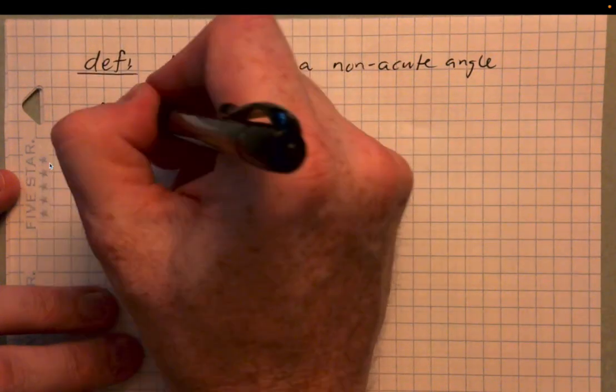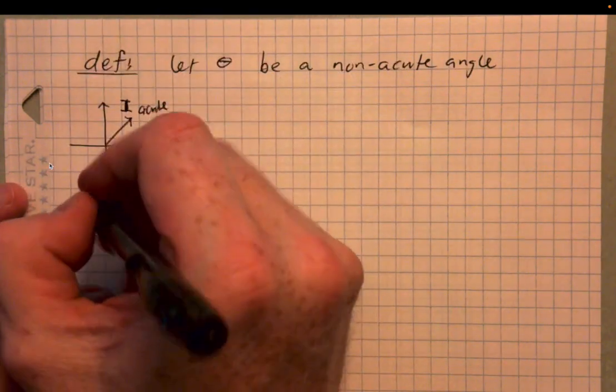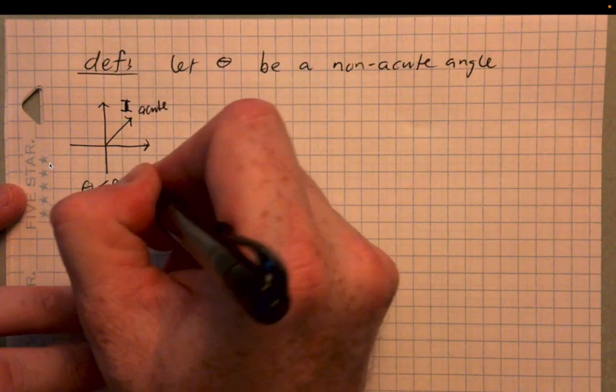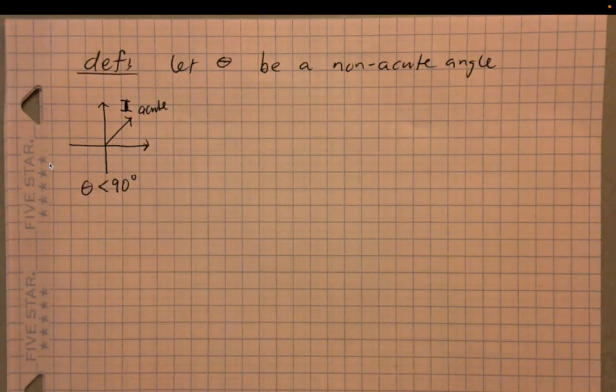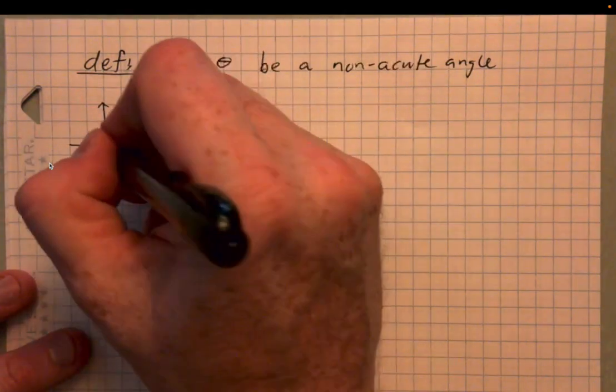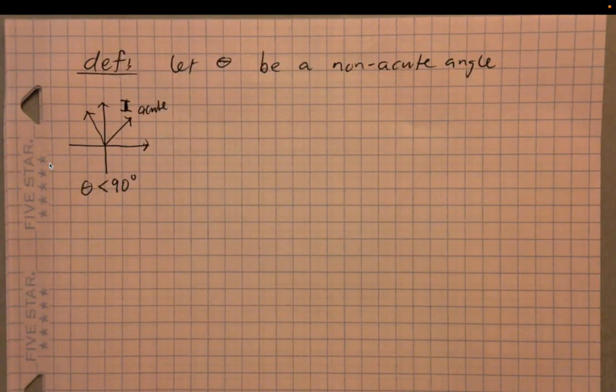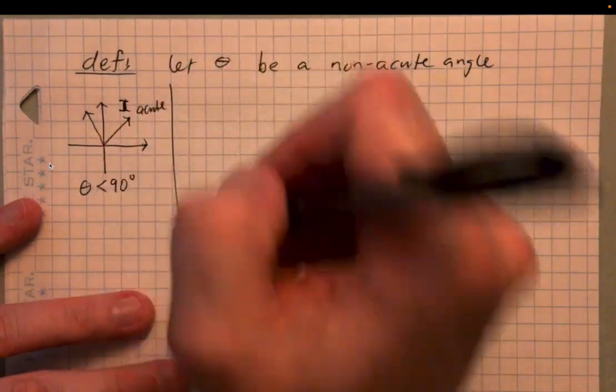These are acute. Technically, an acute angle is an angle that's less than 90 degrees, between 0 and 90 degrees. And so we're talking about non-acute angles, angles that are at least 90 degrees. All right, so that's kind of an aside.